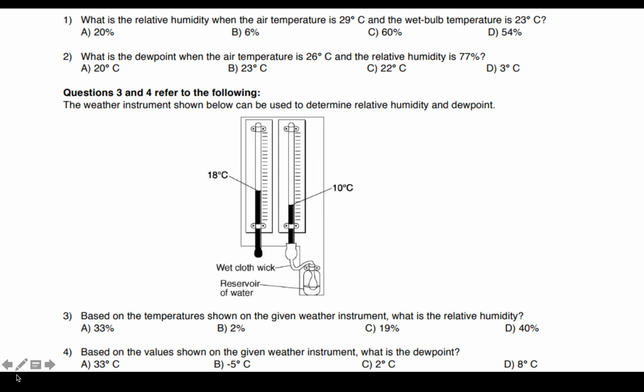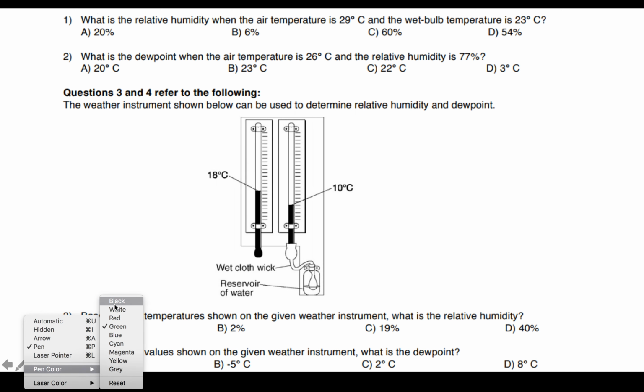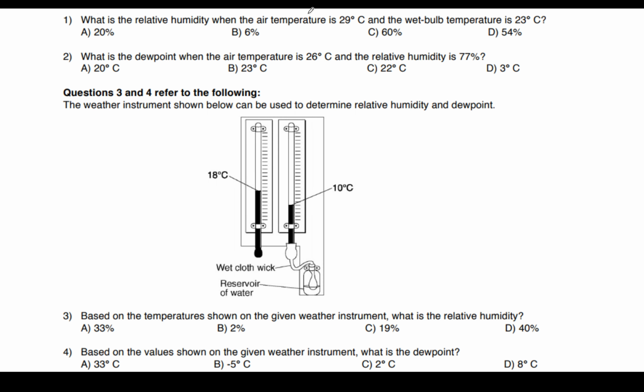So let's look at the questions. I will move back and forth between the reference table, but I encourage you to have yours out as well. The first thing is, what is the relative humidity? I'm using the humidity chart here. The air temperature is 29, this is the dry bulb, and the wet bulb temperature is 23. What is the difference here?